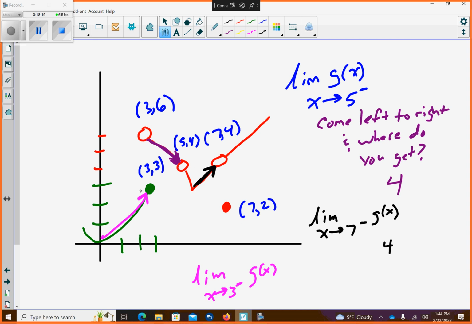Where does that pink line wind up? So what is that point? What's the y value? Just on the pink. Notice I didn't jump anywhere. 3. Isn't it like not a hole? It's okay. It's just where are we getting to?